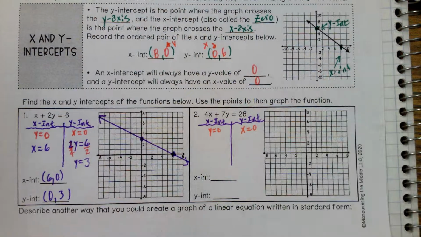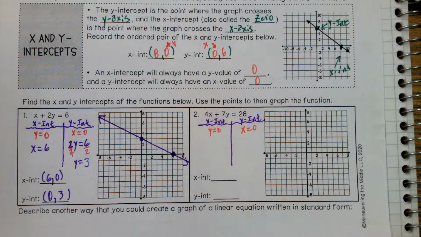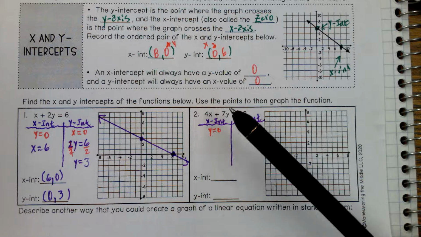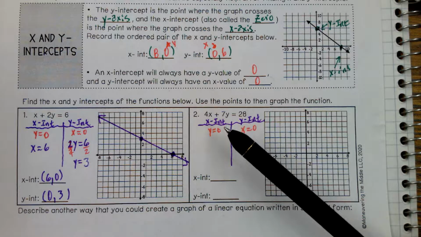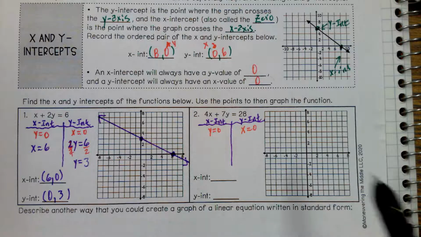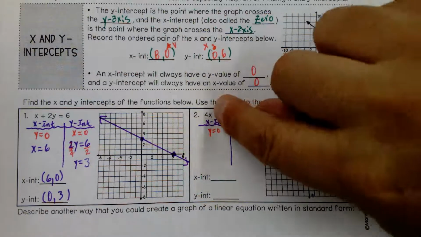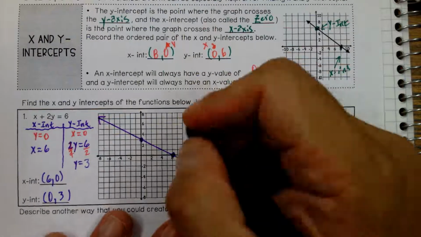And see if you work with your partner, see if you can't figure out what the coordinates are for each one. Okay, just replace the appropriate variable with 0. Like here, I'm going to say 7 times 0. 7 times 0 is just 0. So my new equation would be, since this goes away, I'm going to have 4x equals 28.